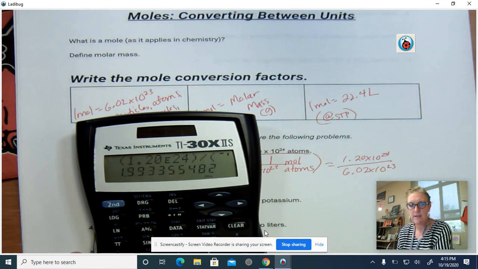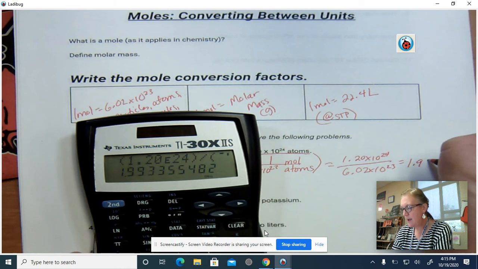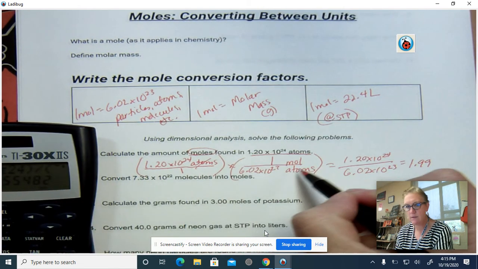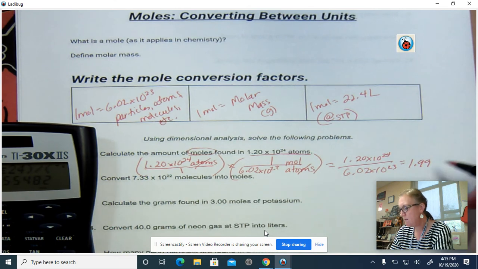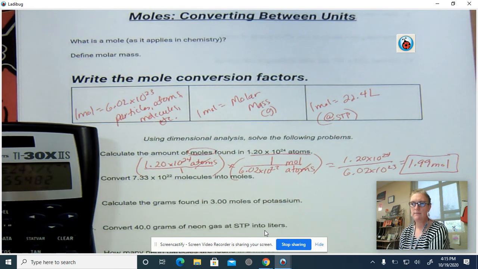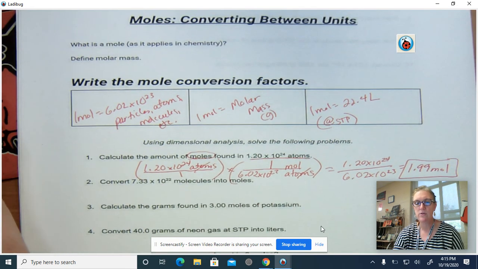So my final answer is about 1.99. And what's my unit? Well, my atoms cancels out, so I'm left with moles. It's about 2 moles. Okay, so that's how you're going to do number 1. That's called dimensional analysis or the factor label method.